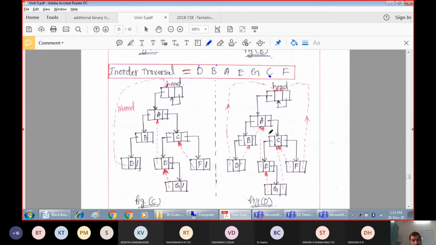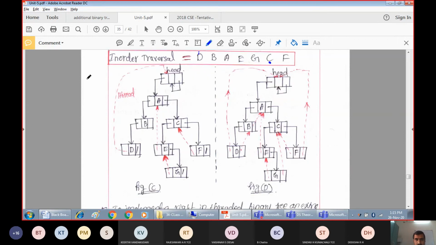I'll explain it once again. Please concentrate for 2 minutes. So this is the in order traversal, which has the previous node of D as the header node. So the previous node of D is pointing to the header node, which is also the previous node of B. That must contain null wherever we have null. So first I will complete all the left links, which is the previous node of F. The previous node of F is C. You parallelly see the traversal here.